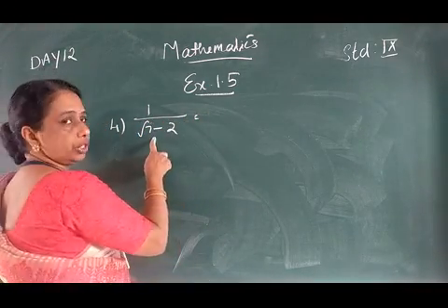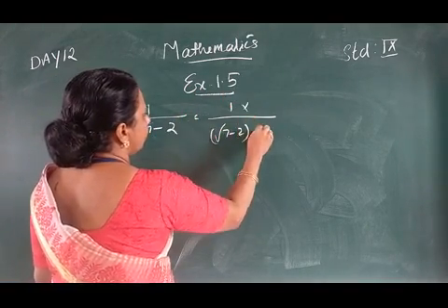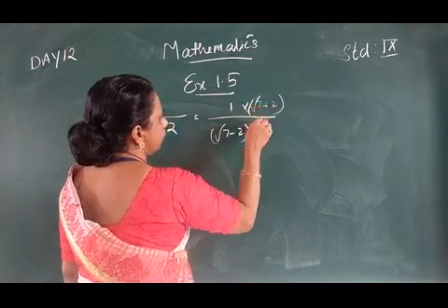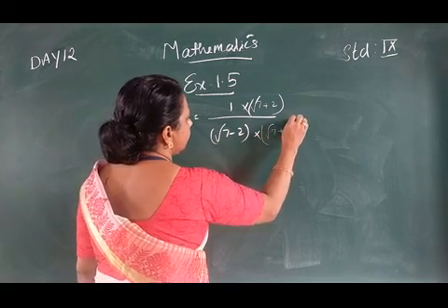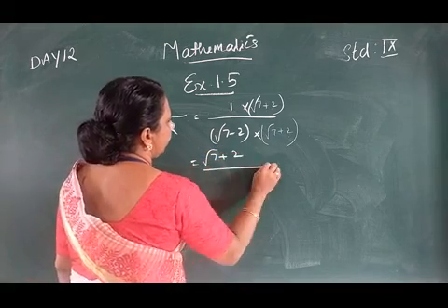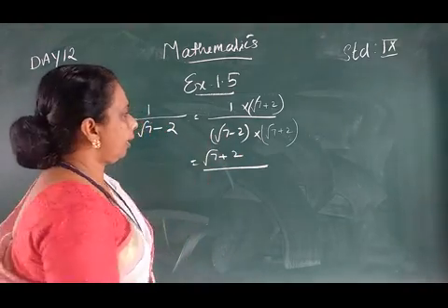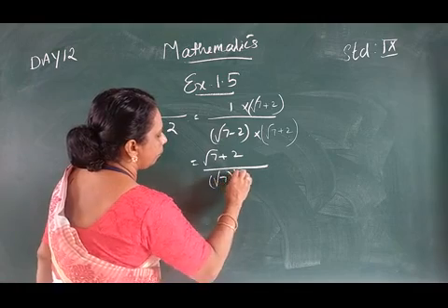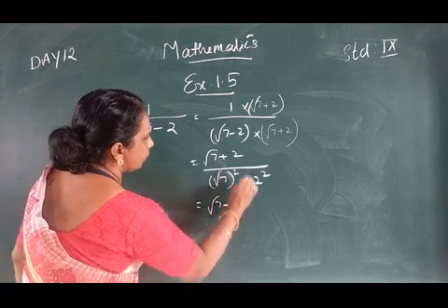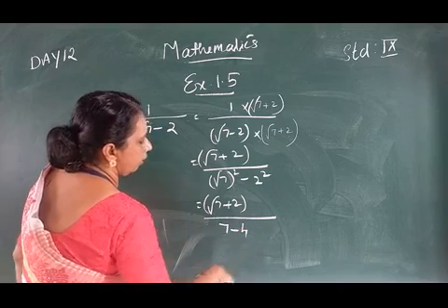Multiply its conjugate to the numerator and denominator. That is 1 divided by root 7 minus 2, multiplied by root 7 plus 2 over root 7 plus 2. Numerator is 1 into root 7 plus 2, so we get root 7 plus 2 divided by the denominator, which is in the form a plus b into a minus b, that is a squared minus b squared, where a is root 7 and b is 2. That equals root 7 plus 2 divided by root 7 the whole square, 7, minus 2 square, 4.